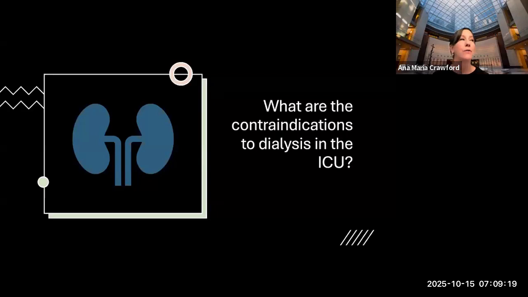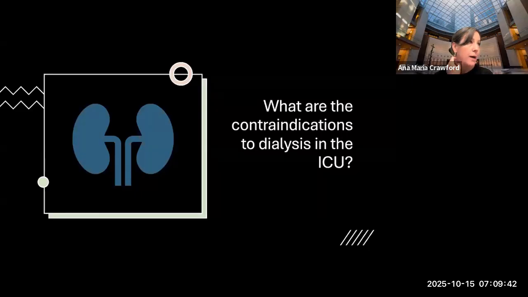Okay. So now, since we know there are very few absolute contraindications, we can talk about some of the relative contraindications, which are really just considerations when you are evaluating a patient for dialysis. Oftentimes in our critically ill patients, they have hemodynamic instability.